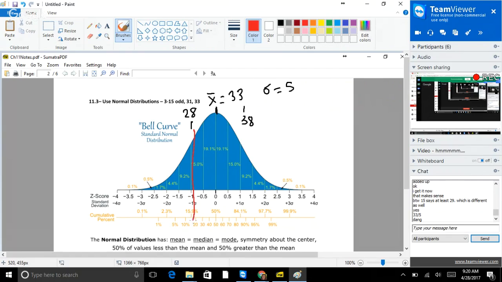This isn't going to be perfect, but when we read this chart down here, it's talking about the probability to here. So I would guess the probability that it's at most 29 is around 17%. So that would leave the probability that it's greater than 29 at about 83%.